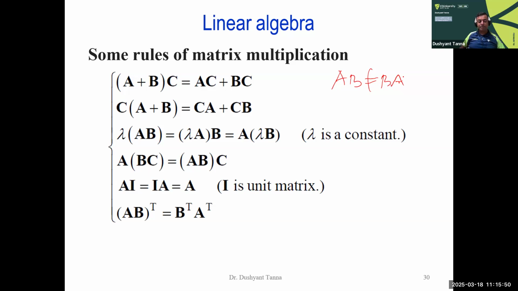So a matrix is not a number, it is a rectangular arrangement of numbers, right? So whatever properties we know for the real numbers, for example, in mathematical language, number addition is commutative. What it means is a plus b is the same as b plus a. 2 plus 7 is the same as 7 plus 2. Is it true in matrix addition? Is A plus B the same as B plus A?